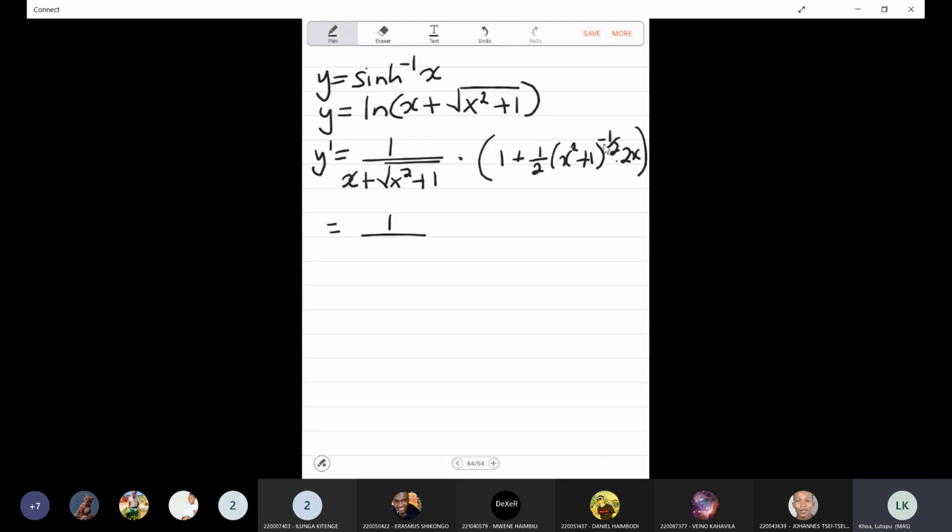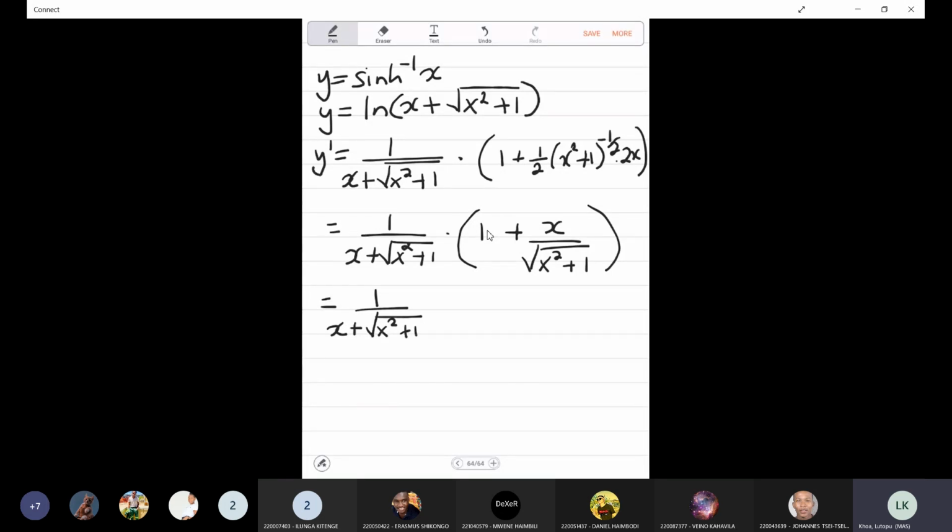So this is 1 over x square root of x squared plus 1, multiplying this with 1 plus x over the square root of x squared plus 1. Okay, then before I multiply, I can combine these two fractions. So this is 1 over x plus the square root of x squared plus 1 times square root of x squared plus 1 plus x.